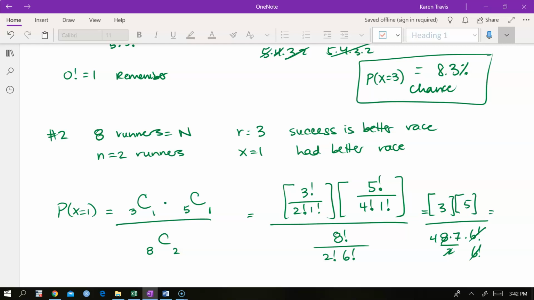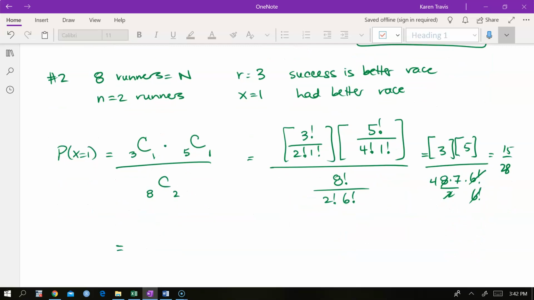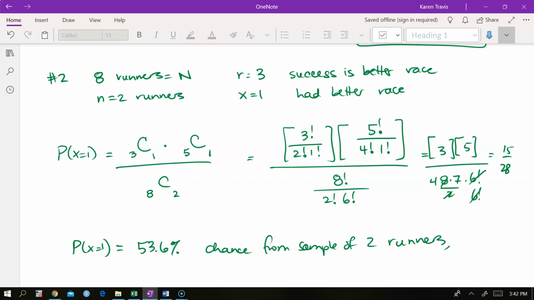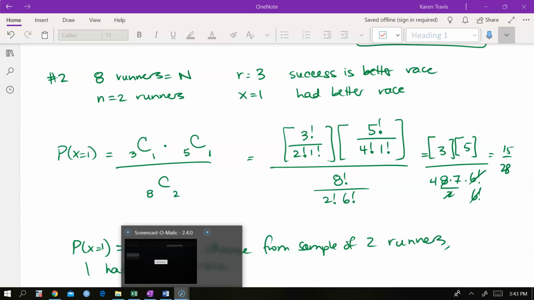So we have a total of 15 out of 28, which is a final answer of 53.6% chance from the sample of 2 runners that one of them had a better race. So let's stop there on the hypergeometric.